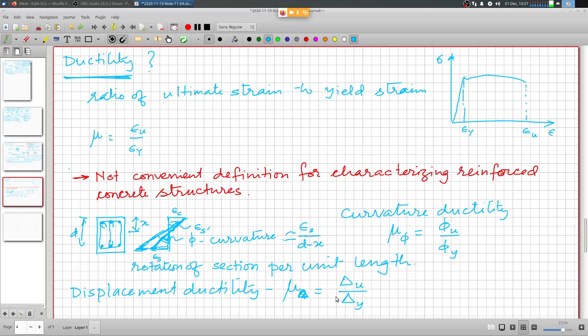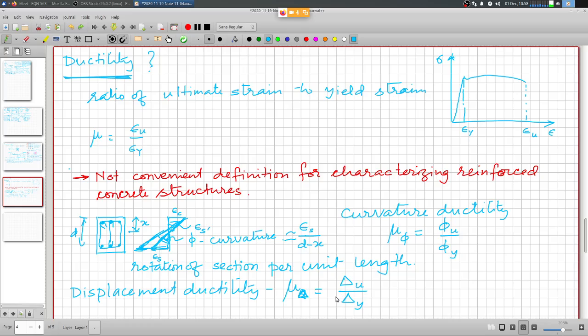Now, one thing that you need to understand is, as I had hinted earlier in passing, ductility as a concept is defined at a member level, individual member level.